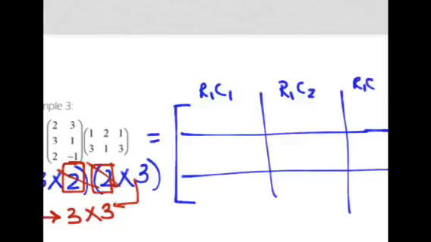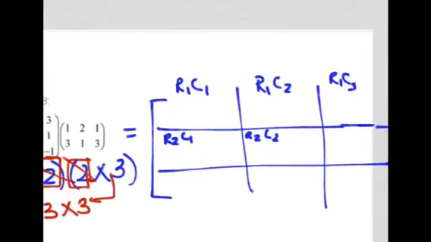Row 1, column 3. Row 2, column 1. Row 2, column 2. Row 2, column 3. Row 3, column 1. Row 3, column 2. Row 3, column 3.